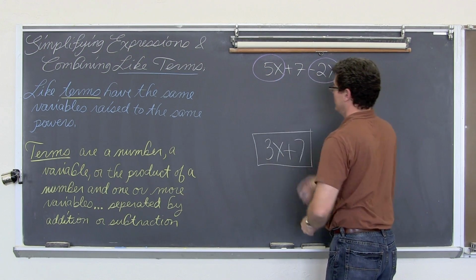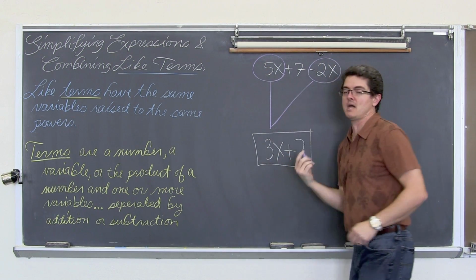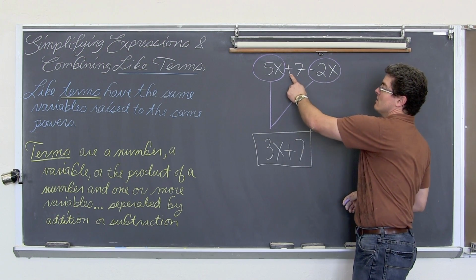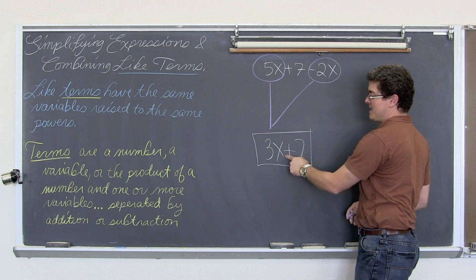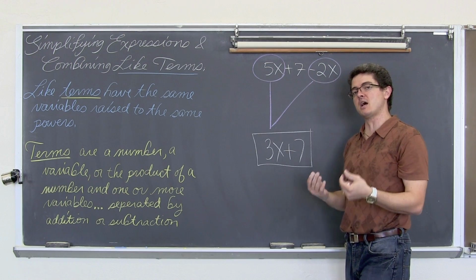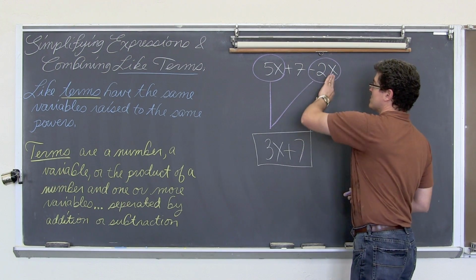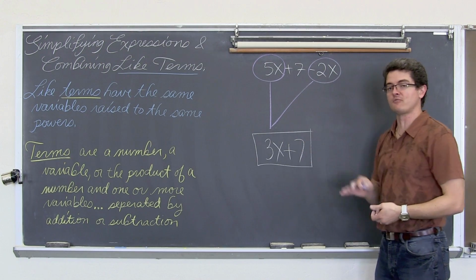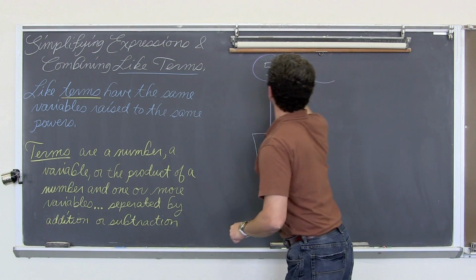Positive 5 and negative 2 come together to make 3. And the positive that's here is for the 7, and it stays there. Okay? When you look for the sign of a term, you always look to the left. This 5 is positive, this 2 is negative, and thus 5 minus 2 is equal to 3.